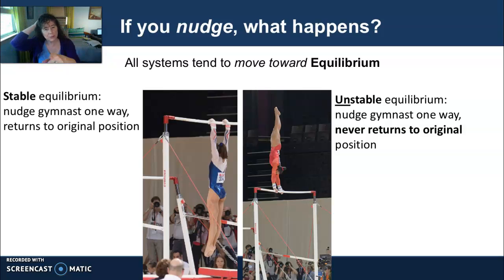For instance, if she were nudged in one direction, she would go all the way around and probably keep going. If she went back and forth like a pendulum, she would not come back to her original position in the handstand. That's an unstable equilibrium where she is up here, because if she moves, she's going to keep going and she'll never come back to her original. That's the best I can give you in terms of an analogy there.